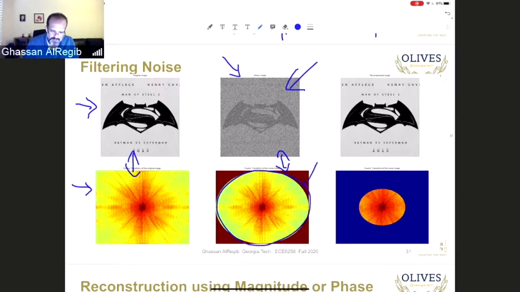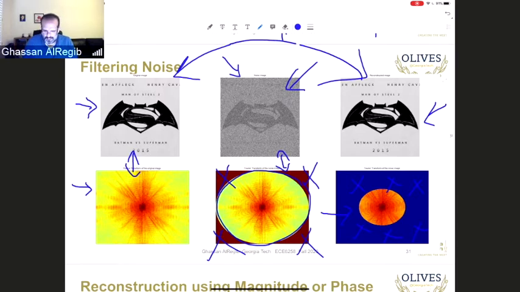I'm filtering out these regions, right? And this is a much more strict one. I'm filtering more and more. And this is the output reconstructed image. You can see between here and here, we lost the high frequency, and it is a little bit more blurry image.